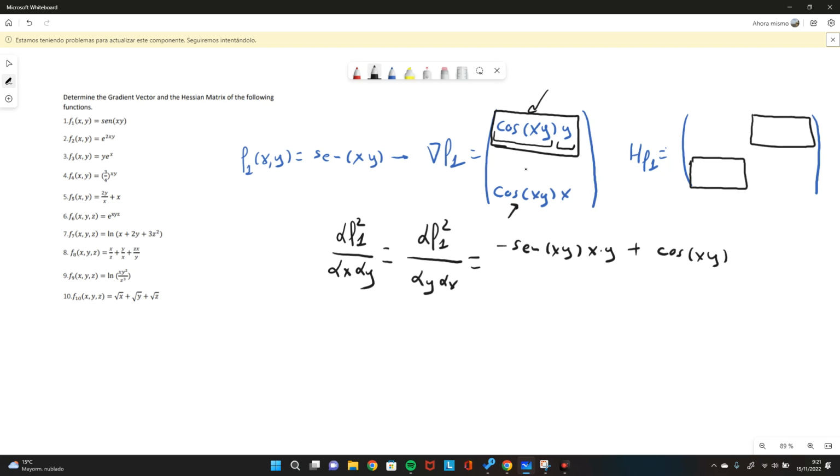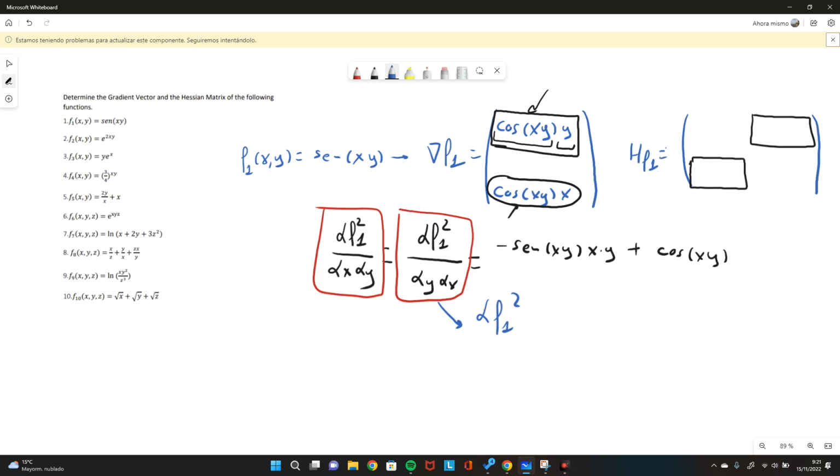If I do the derivative of this function with respect to x, so instead of solving this one, I'm going to solve this one. As I said, in this kind of function, these two are going to be coincidental. If I do this one, I'm going to do it here, first y and then x.